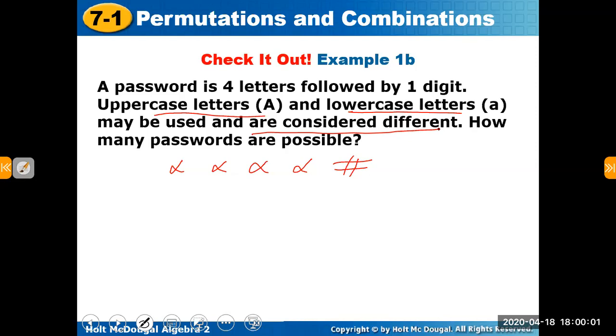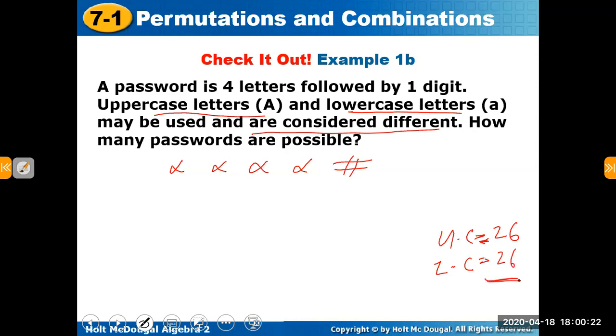So I have 26 uppercase letters and 26 lowercase letters.